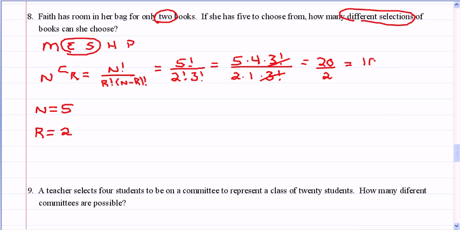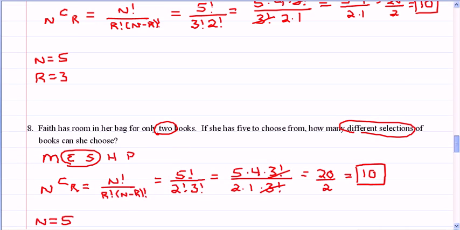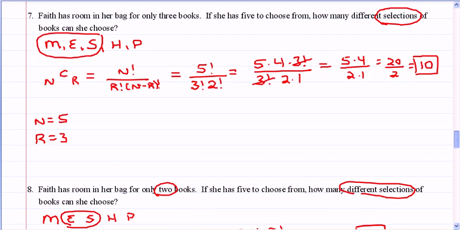So this comes out the same because, I'll scroll back up, in number 8 we were taking 2 books, but in number 7 we were taking 3 books. Both were from a selection of 5 books, and since the sum of the two numbers is the total selection, that's why they both came out to 10.